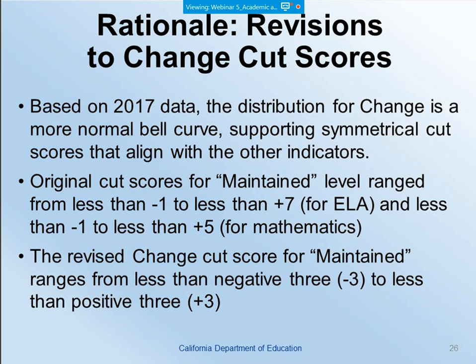And these maybe made sense under the positively skewed change data that we had for a single year, but we now have 2 years of change data and a better idea of what makes sense for the grids and cut scores. And we're seeing a more normal distribution of the data, and that calls for more symmetry in the cut points.